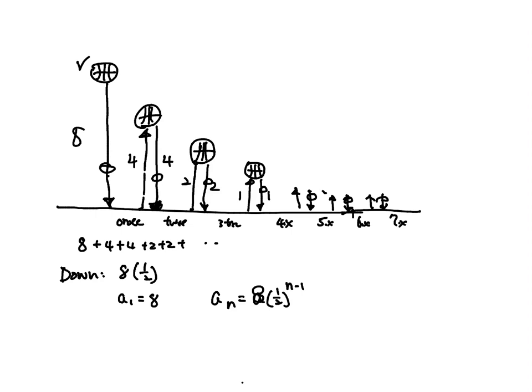So it looks like I need to figure out the 7. There are 7 going down. So there are 7 down direction. So the a sub 7 is going to be 8 times 1/2 to the 7.